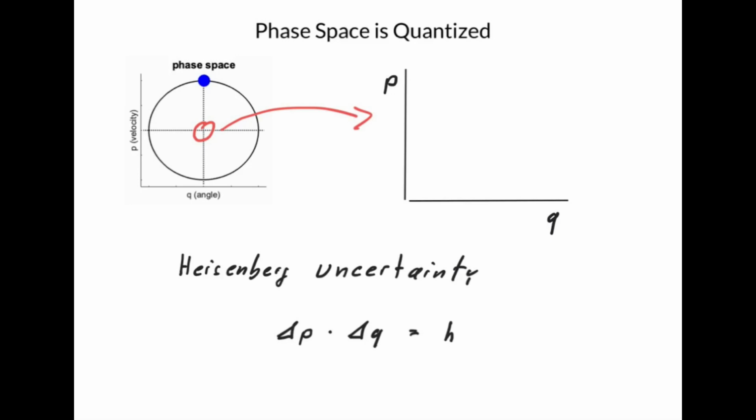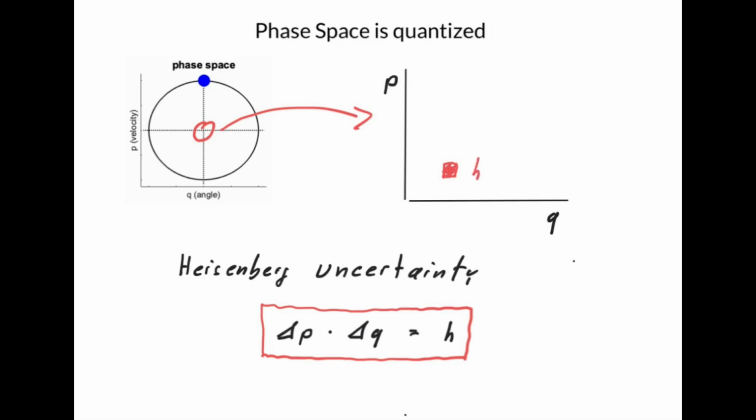What this means is that phase space is actually not a continuous space, but it's made up of small blocks, delta p, delta q, which have the size of h. So phase space is quantized.